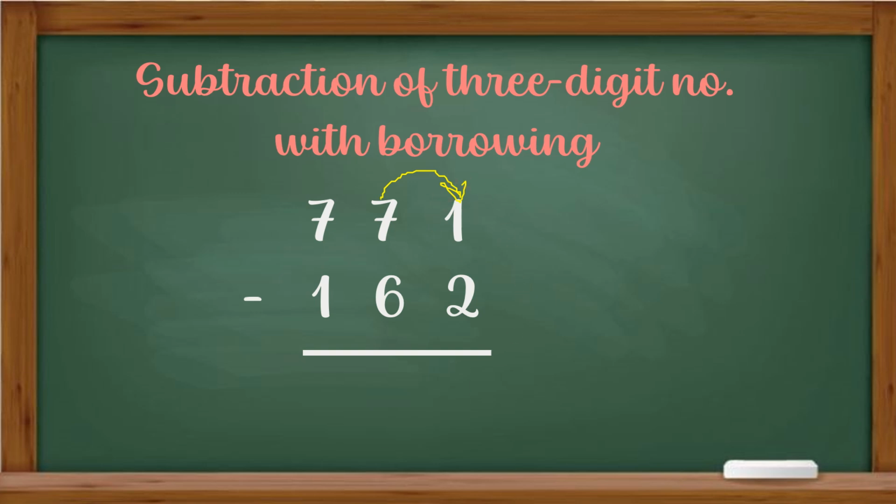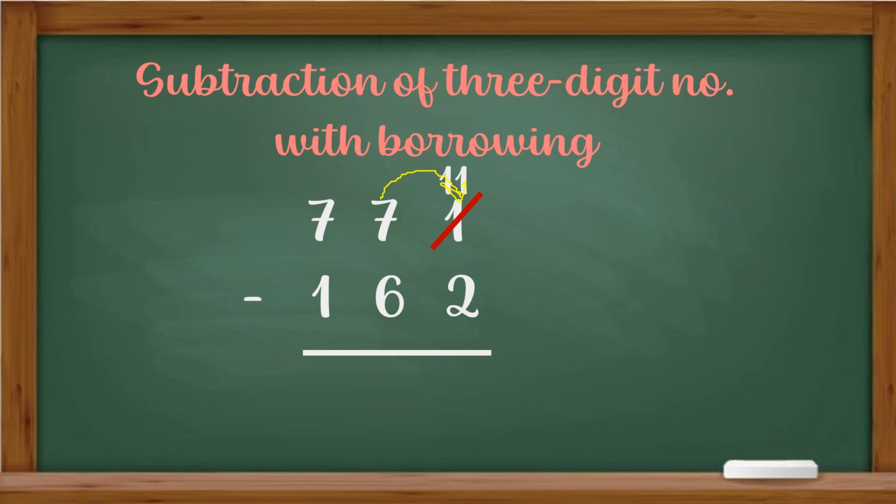So I will cross the 1 and I will write 11, because I have put 1 in the front of this 1, which will form 11. Now since we have borrowed from 7, there will also be a change in 7. But let's first solve it.